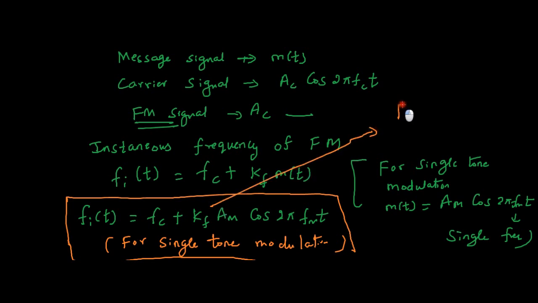This is the frequency sensitivity factor of the frequency modulator. So we have for single tone modulation, Fi of t is Fc plus Kf Am cos 2 pi fm t.